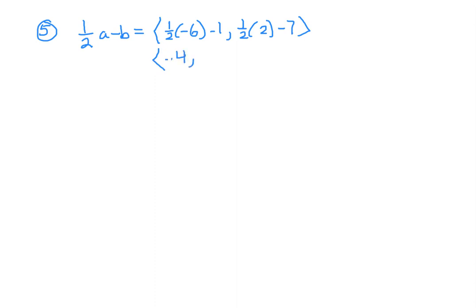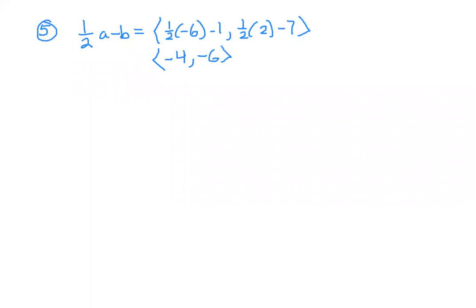Number 5, 1/2 A minus B is going to be 1/2 of A minus B. So that is negative 3 minus 1, that's negative 4, and this is 1 minus 7, negative 6.